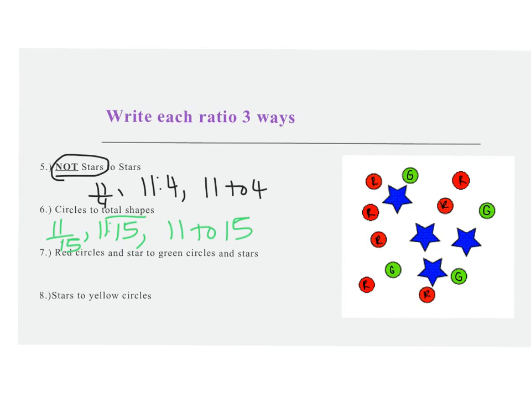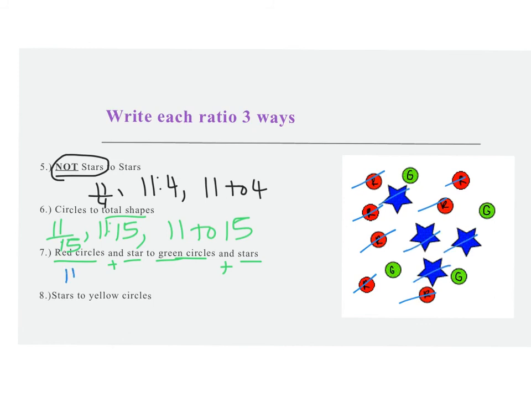All right, our next one says red circles and stars to green circles and stars. With this word and, that actually means we're going to add. We're going to look at our red circles and add it to our stars to get a number. Then we're going to look at our green circles and add that to our stars to get our second number. So red circles, 1, 2, 3, 4, 5, 6, 7, and then we're going to add our stars, 8, 9, 10, 11.